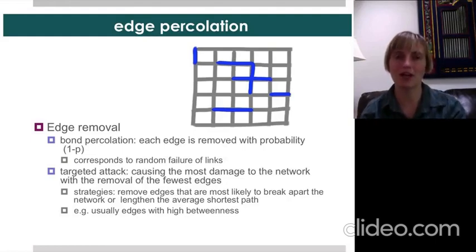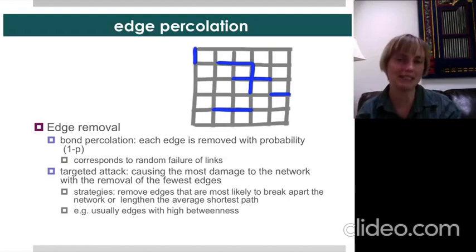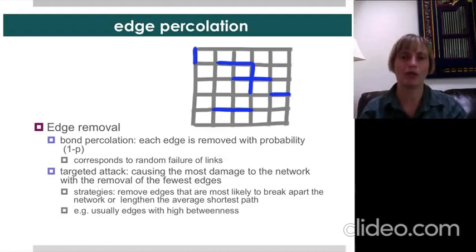Remember, the rationale there was that if we remove high betweenness edges, the removal of these edges is most likely to break up the network into communities because a lot of shortest paths went through them. So removing precisely those edges is going to most rapidly break up the network.